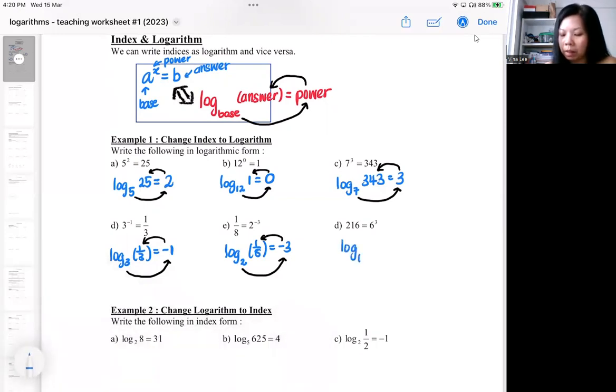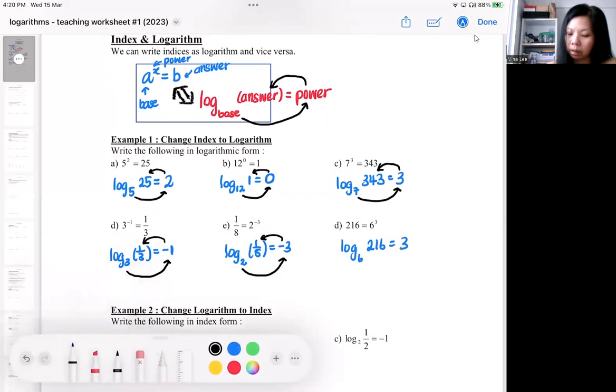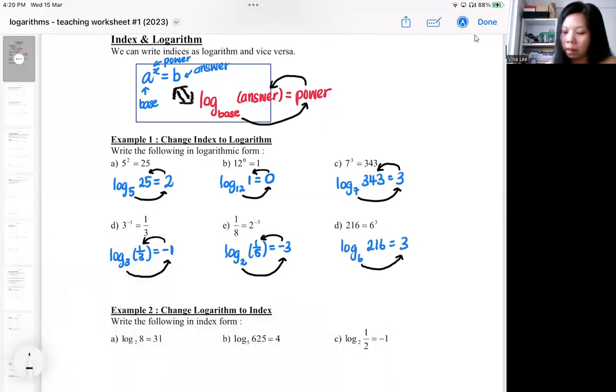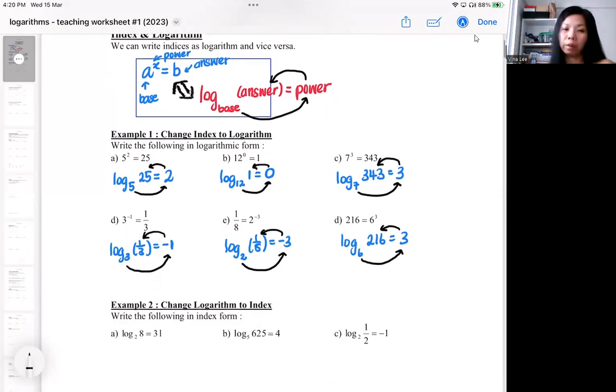That means the base is 6, the answer is 216, the power is 3. So 6 to the power of 3 gave me 216. This is just my way of switching in between indices and log. You can come up with your own way once you're familiar with it.